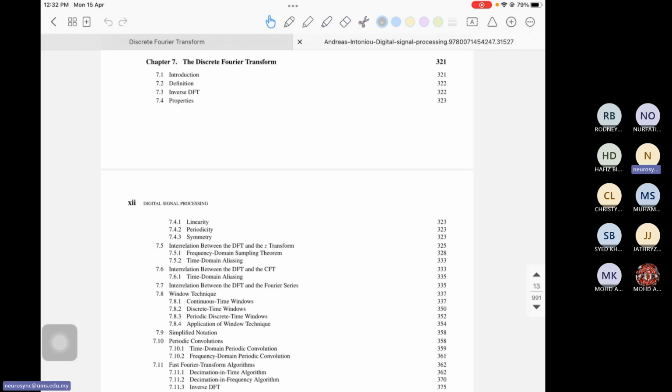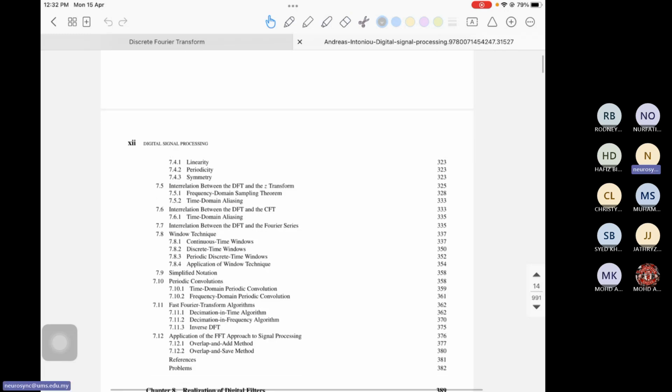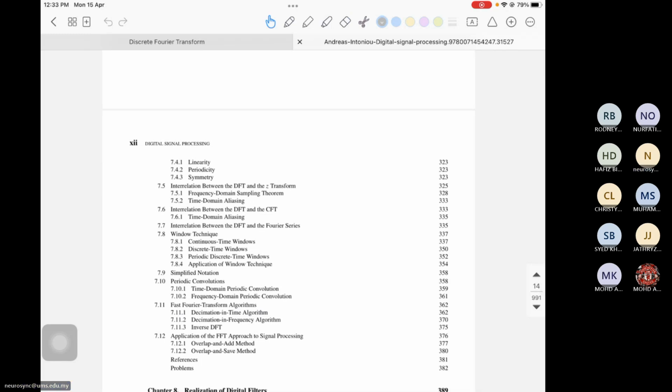What is time domain periodic convolution? What is frequency domain periodic convolution? There is 7.11, that is fast Fourier transform. Basically, fast Fourier transform is not another type of transform. That is actually the discrete Fourier transform only, that is the DFT only.